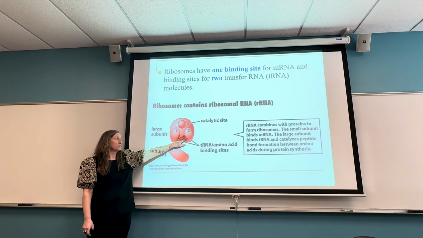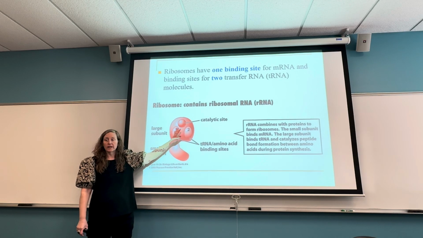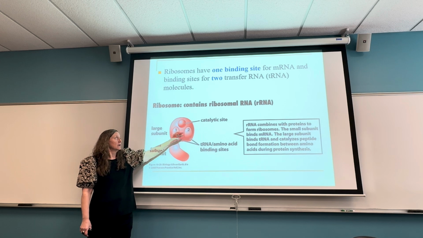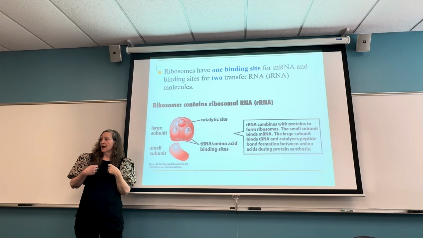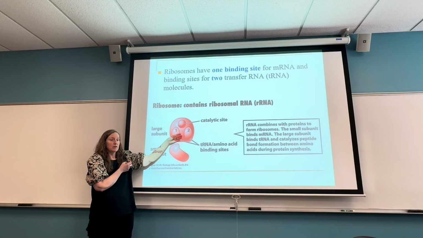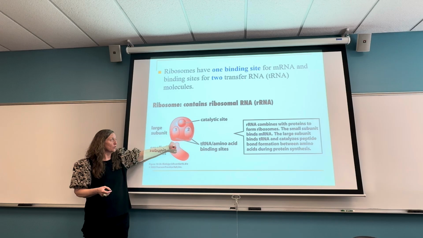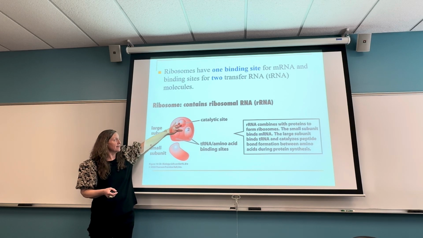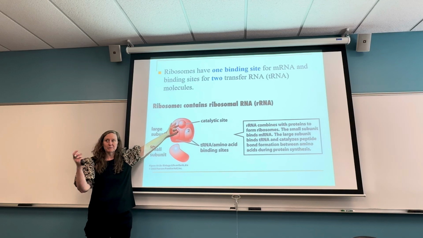The larger subunit has two binding sites where the tRNAs go, and then they have what's called a catalytic site. So whatever amino acid the tRNA brings over that the mRNA here on the small subunit codes for, those two amino acids go through a dehydration synthesis. Remember way back?